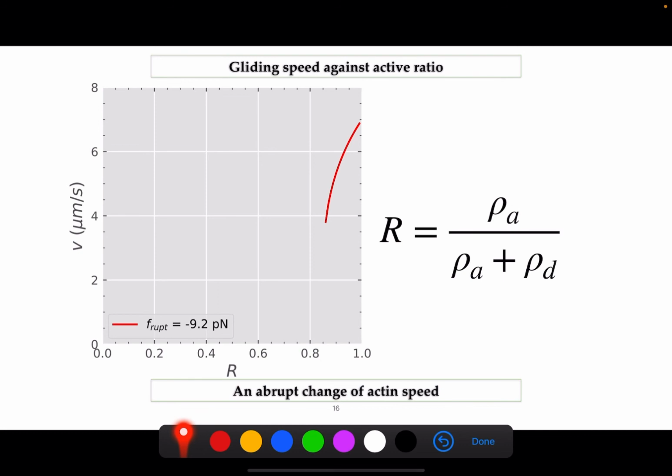Taking the stable solutions and rupture force as 9.2 piconewton and motor ratio as binding active motors over the total binding motors, we find that at the critical motor ratio of 0.85, the actin speed increases abruptly.